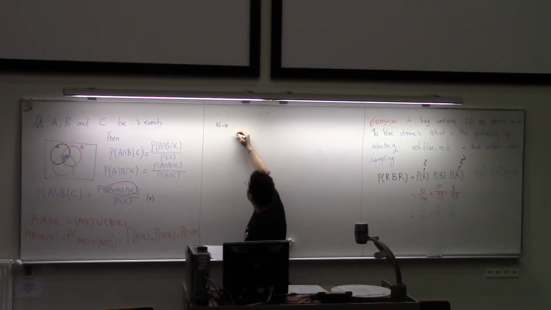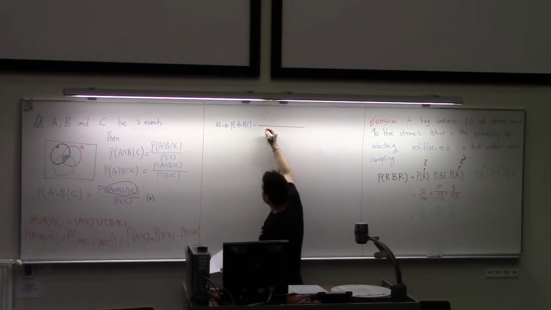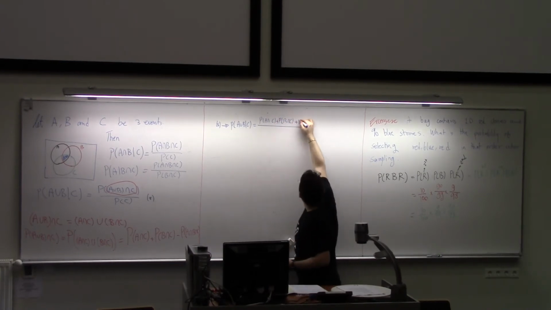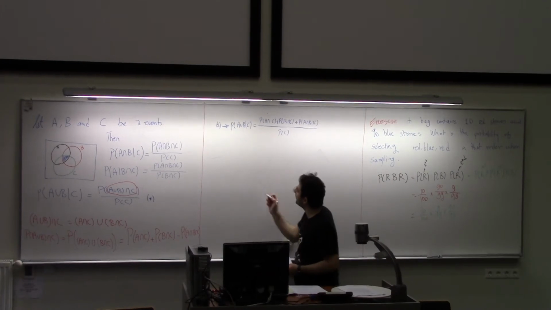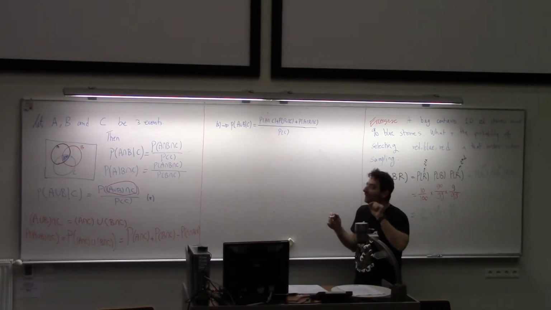From here I get that probability of A union B intersected by C is equal to probability of A intersected by C plus probability of B intersected by C minus probability of A intersected by B intersected by C, divided by probability of C. I have one denominator, so I can put it in for each of the terms.